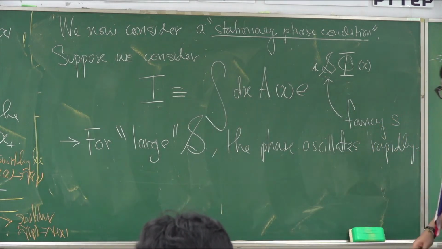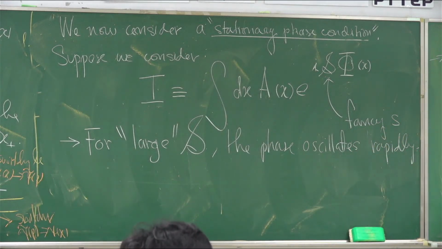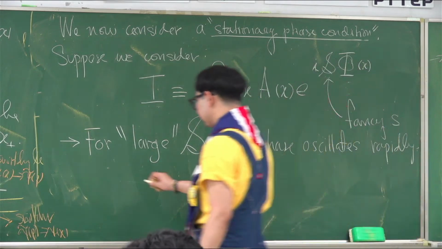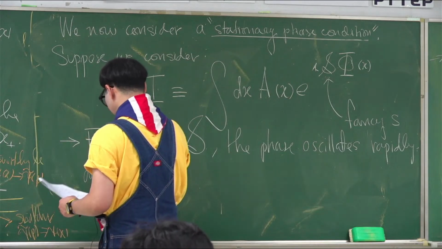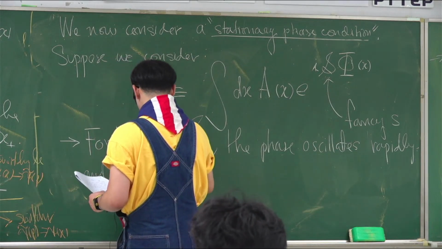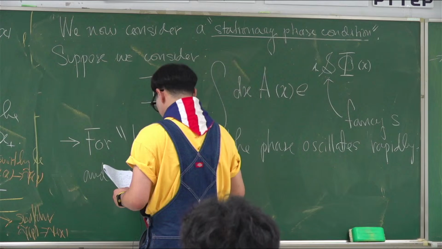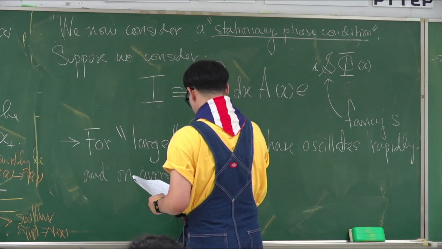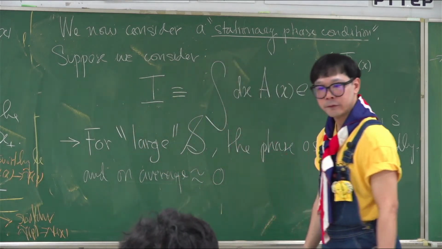All right, oscillate rapidly, all right? And on average, you get 0, right?